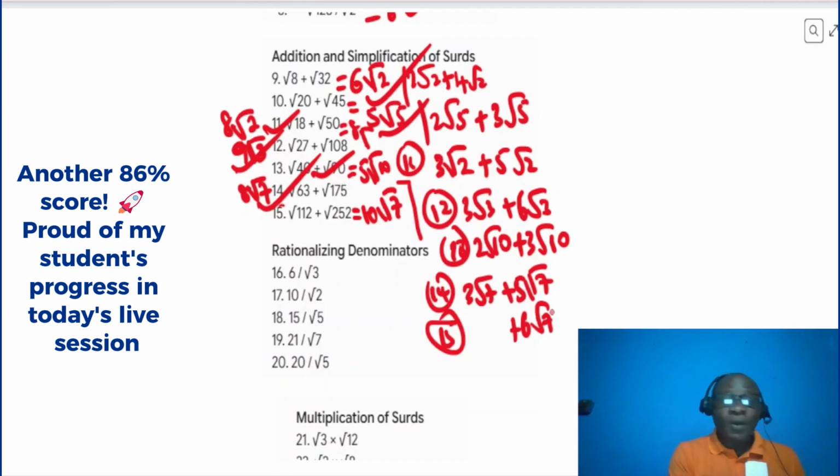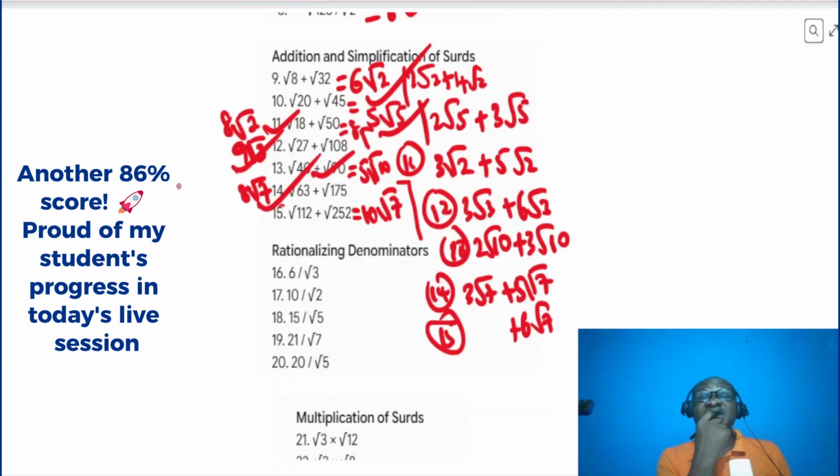And what number did you use for 112? 36? No, 36 cannot go into 112. Let's think about 64. 112 by 64, no. Okay, let's use 4. 112 divided by 4 gives 28.